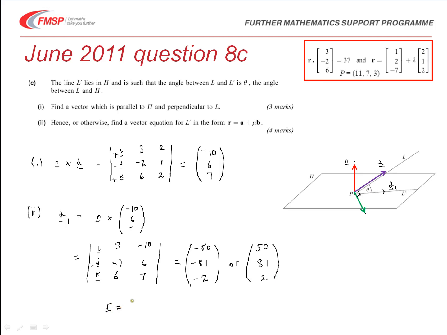Well, we know the point P is on the line, and P is going to be 11, 7, 3. And then it's plus lambda lots of, well, not lambda, sorry, in this particular case, if you look at the question it says mu, and so it's mu lots of 50, 81, 2.